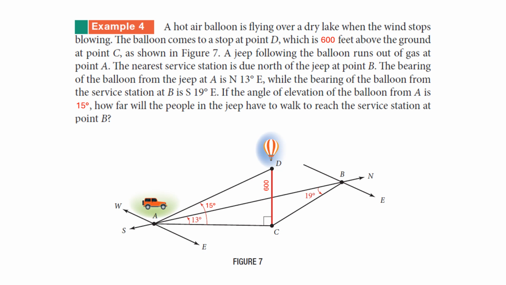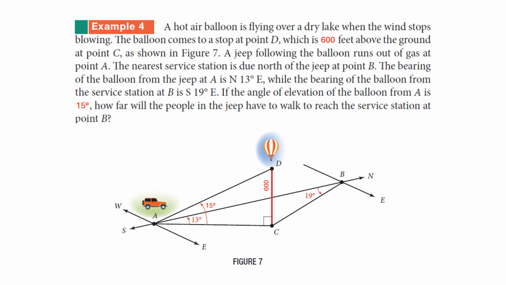The balloon comes to a stop at point D, which is 600 feet above the ground, at point C, as shown in figure 7. A Jeep following the balloon runs out of gas at point A. The nearest service station is due north of the Jeep at point B.